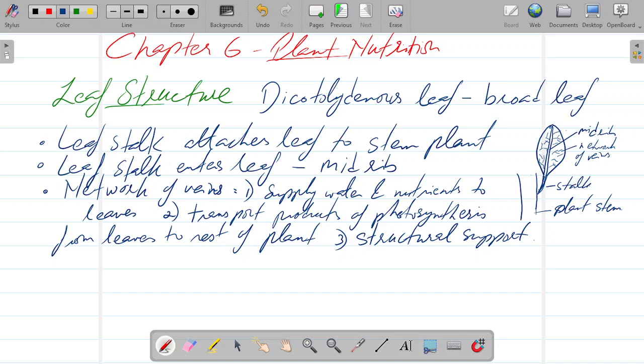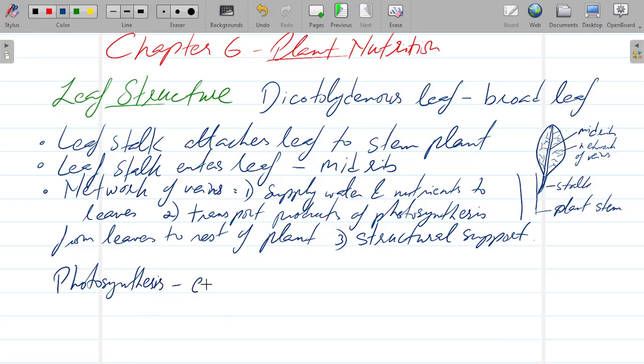Now, the leaf is adapted to its function of photosynthesis because, to just briefly mention, that in photosynthesis, in the leaf, there is an exchange of gases, right?